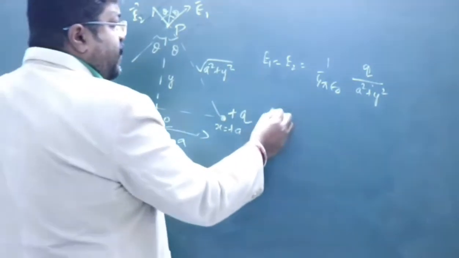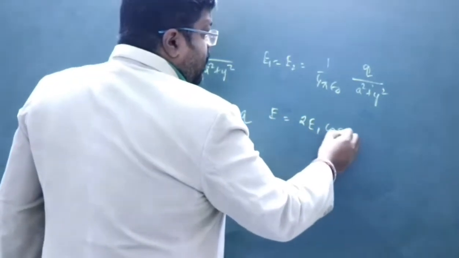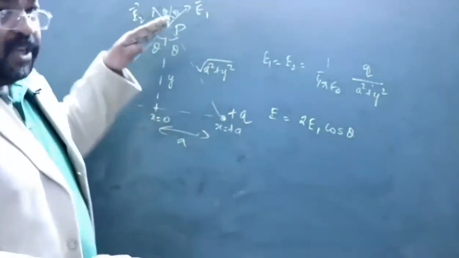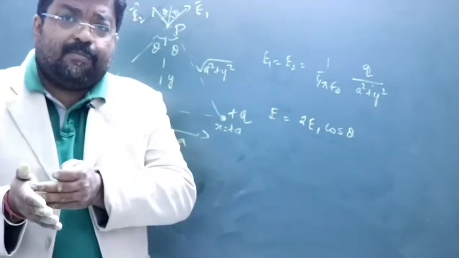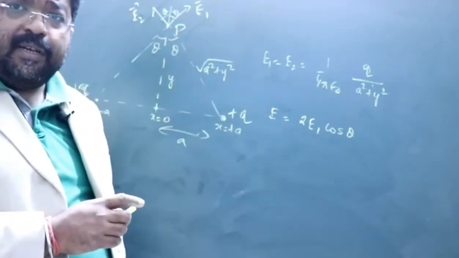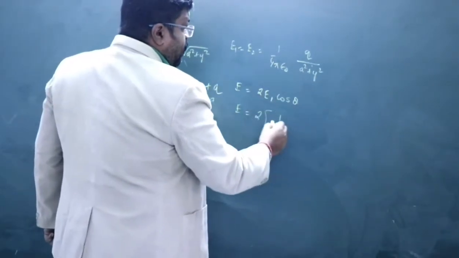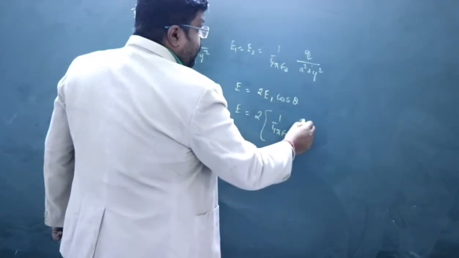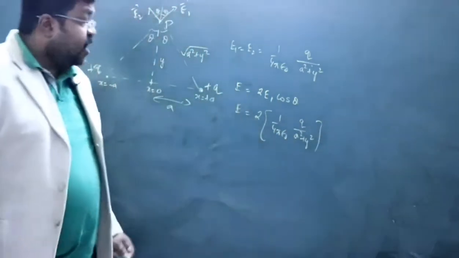So we have the resultant field E is equal to twice E1 cos theta. It should be that the resultant field is E1 cos theta plus E2 cos theta, but E1 and E2 are the same, so I have written twice E1 cos theta. So E is equal to 2 times E1, which is 1 by 4 pi epsilon naught q by a square plus y square. Okay, now cos theta?